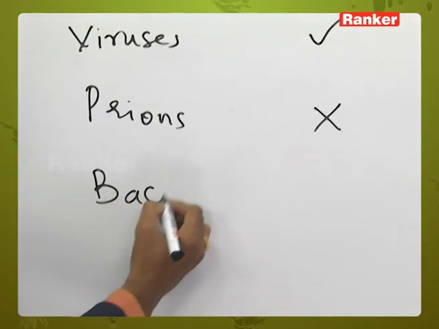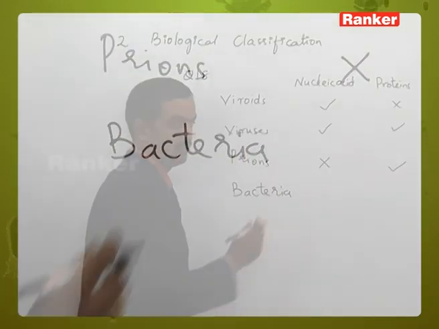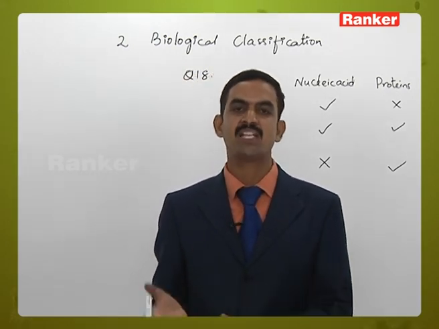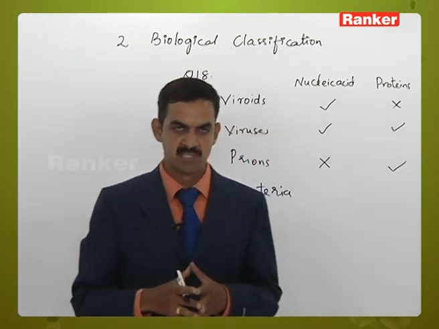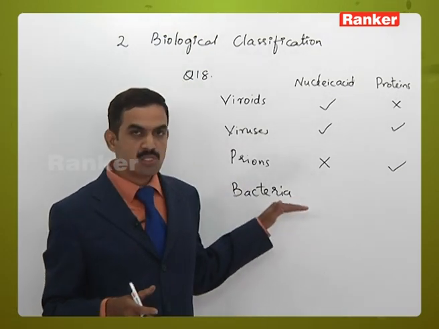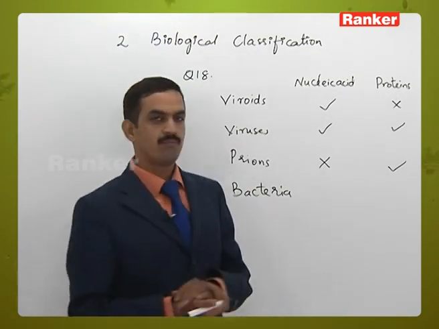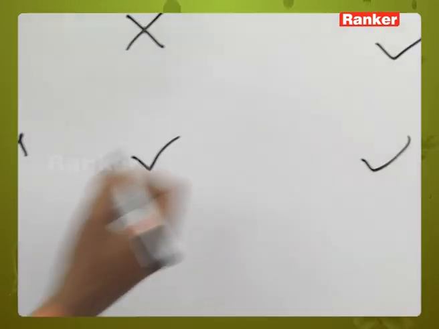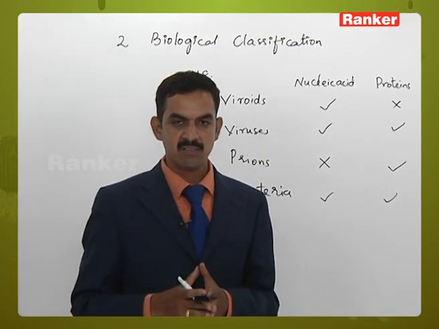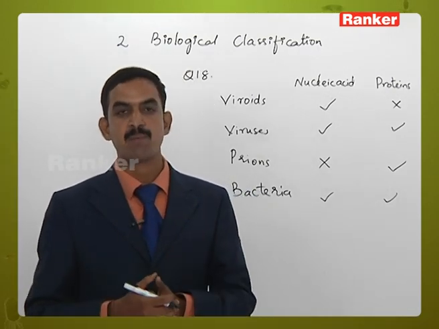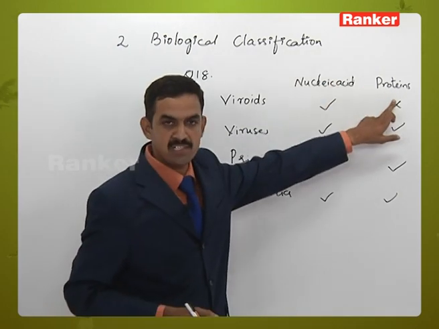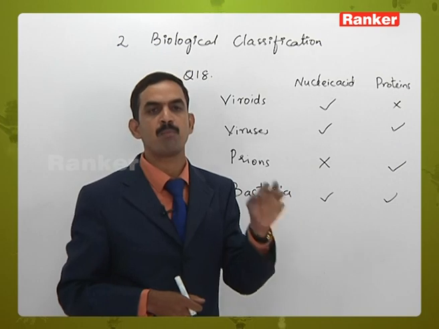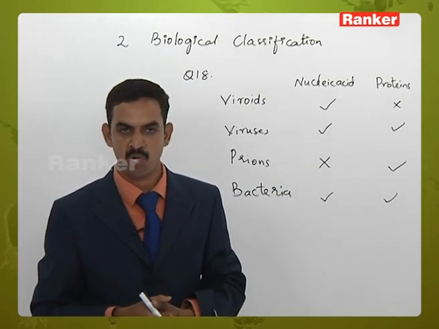Next one, bacteria. Bacteria are also microscopic organisms, but comparatively their size is larger than viruses. These bacteria also contain nucleic acid and also proteins. So, in the given question, they were asking about peptide bonds. Peptide bonds are present in proteins because protein is a chain of amino acids which are bound with the help of peptide bonds.